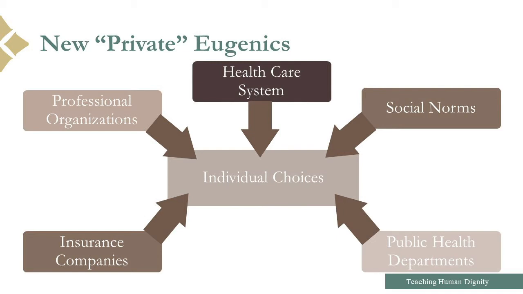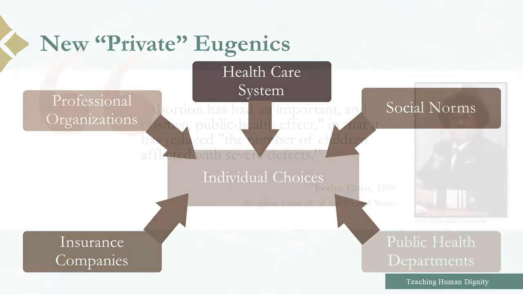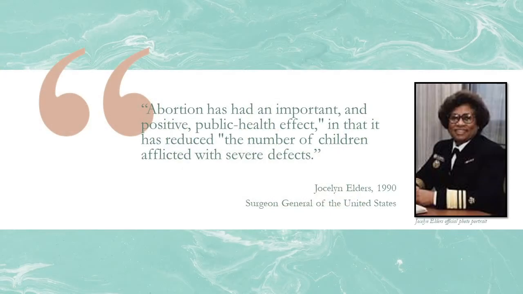And this eugenic bias is evidenced not so much in policy statements, although we do see some. Here's one by Surgeon General Jocelyn Elders under, I think, Bill Clinton: abortion has had an important and positive public health effect in that it has reduced the number of children afflicted with severe defects. And actually, the children with severe defects she was talking about were children with Down syndrome.